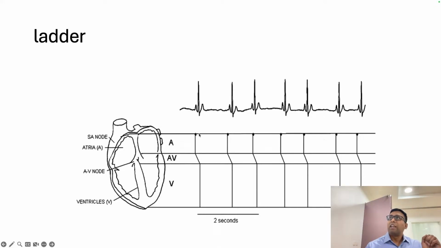This ladder diagram will provide you whether you are dealing with SVT, VT, junctional tachycardia or AVRT, everything you can make out by seeing. We have to train our brain by the approach through the ladder diagram. This ladder diagram will give you 90% of what you need to know. If you master this one, you can diagnose everything.